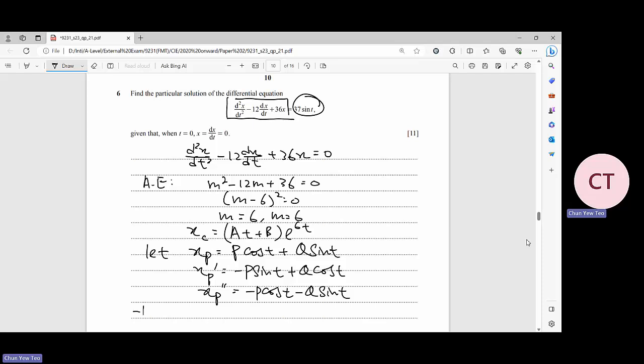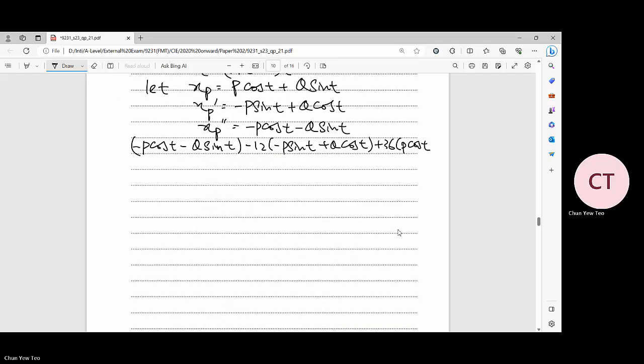So I get negative p cos t minus q sin t, minus 12 of negative p sin t plus q cos t, plus 36 of p cos t plus q sin t, and I'm supposed to equal 37 sin t.